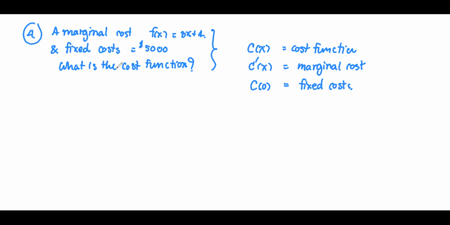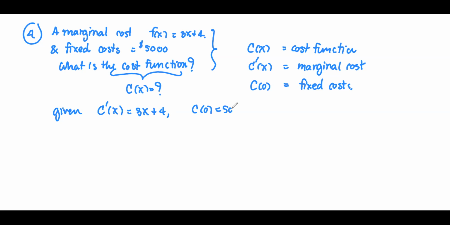So to find the cost function, or to find the C of x, given the marginal cost, C prime of x equals 3x plus 4, and C at 0 equals 5,000, that means we're going to find the antiderivative of the marginal cost, which is the derivative of the cost function with respect to x, or the integral.